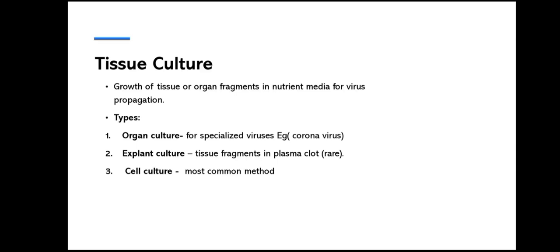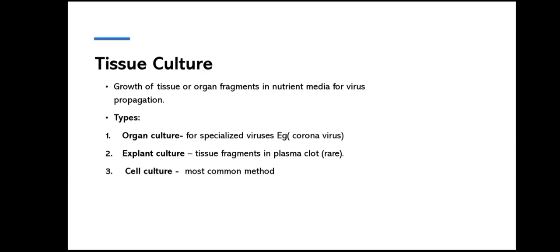Tissue culture is the growth of tissues or organ fragments in a nutrient medium for the virus's propagation. The three types are organ culture, explant culture and cell culture. Organ culture was previously used for some fastidious viruses that have a specific affinity for specific organs, for example the tracheal ring for coronavirus. The next one is explant culture.